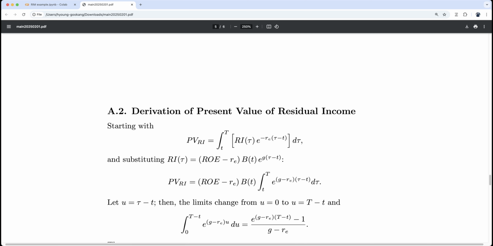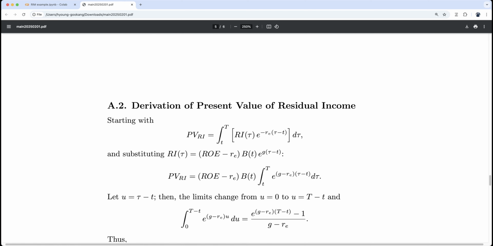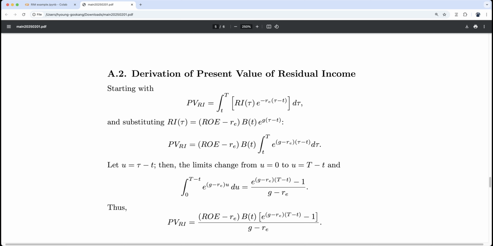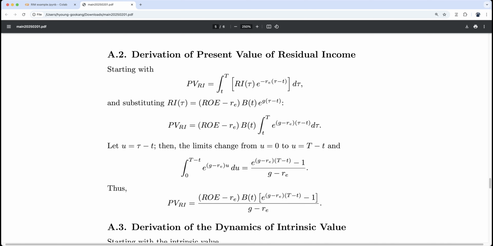Then using u equal tau minus t, and the limiting change, it looks like this integration. You can check both sides by taking the derivative with respect to T, big T, and they are exactly the same. Okay, thus the present value of RI is this one.